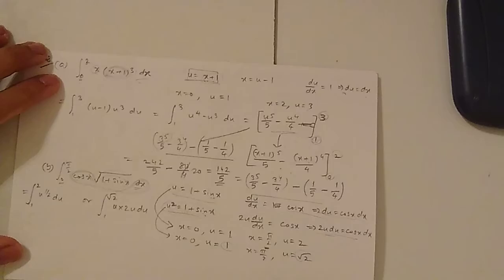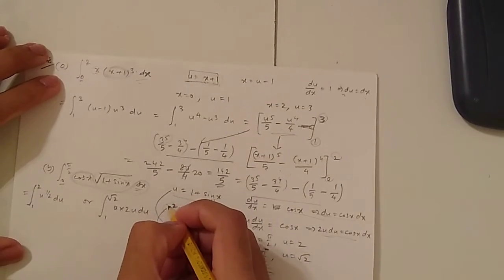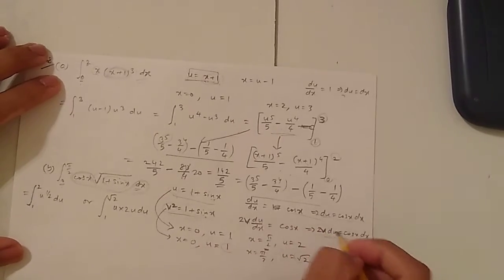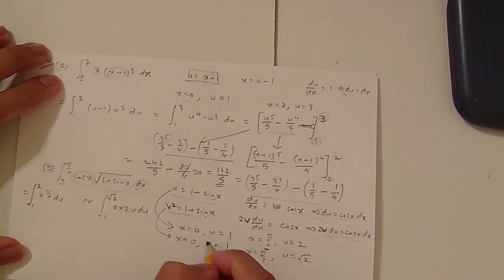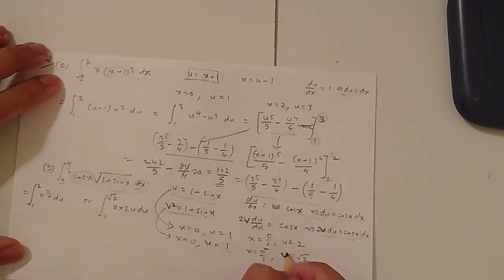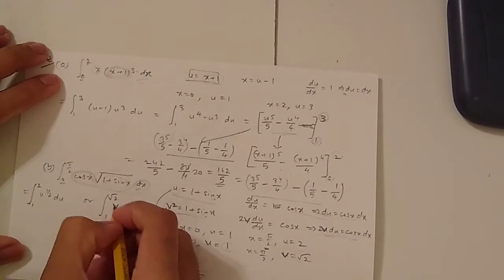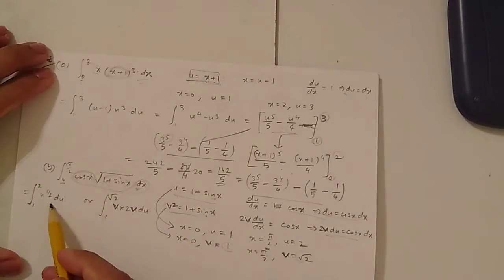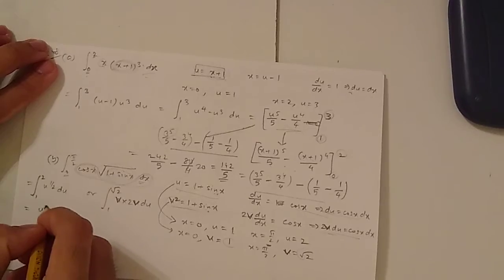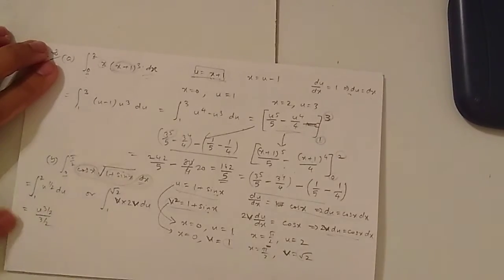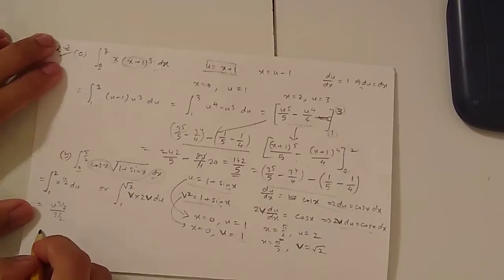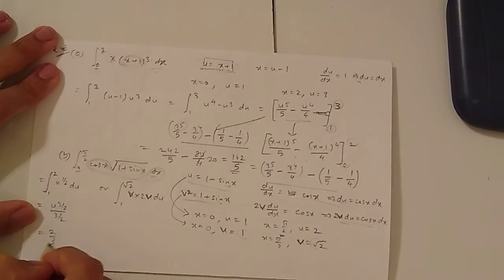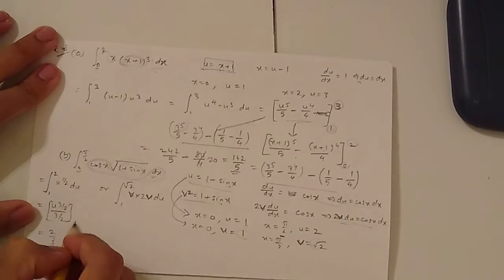In case this is confusing, let's replace the u with v so that this is not confusing. Okay, so the first substitution: integrating u raised to half, it will become u raised to 3 by 2 divided by 3 by 2, which simplifies to 2 by 3, u raised to 3 by 2 from 1 till 2.